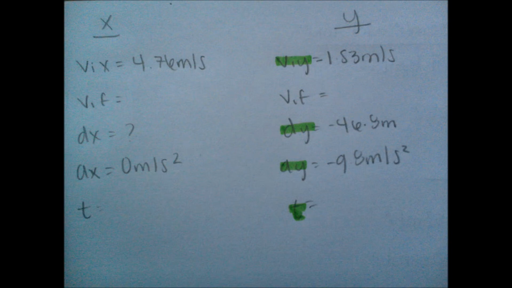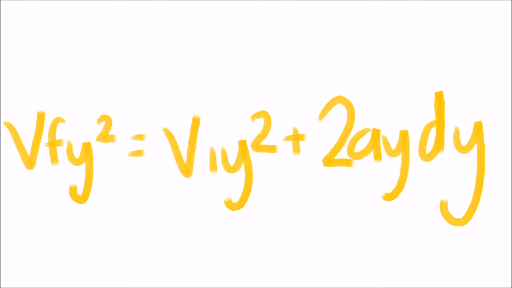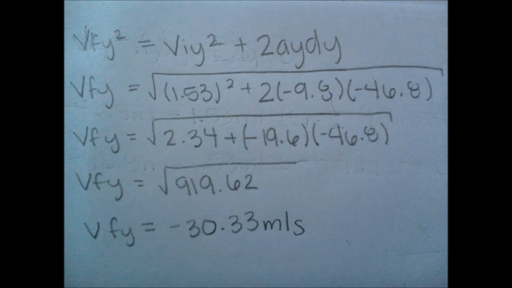But to avoid using the quadratic formula, we instead solve for Vfy using the equation Vfy squared equals Viy squared plus 2ay times dy. And once we plug in the numbers, we get that Vfy equals negative 30.33 meters per second.